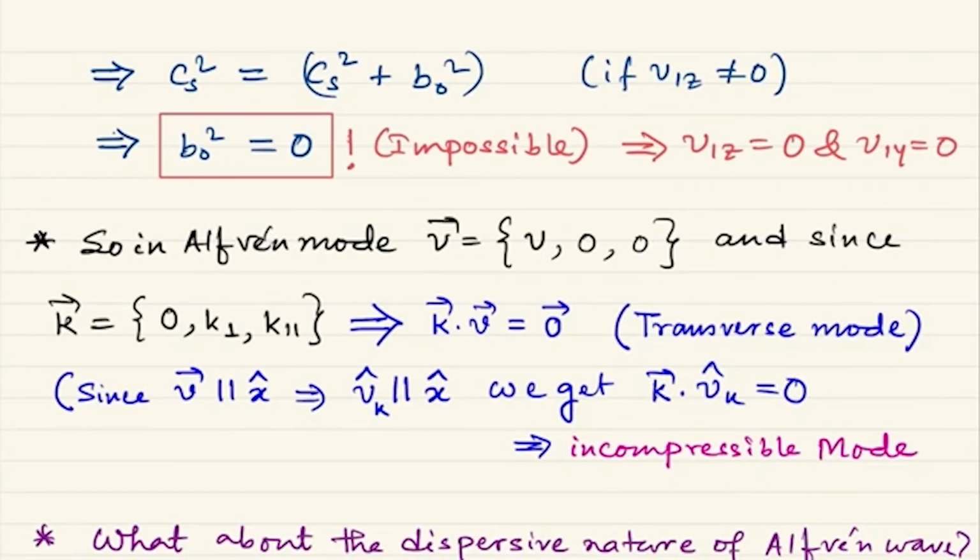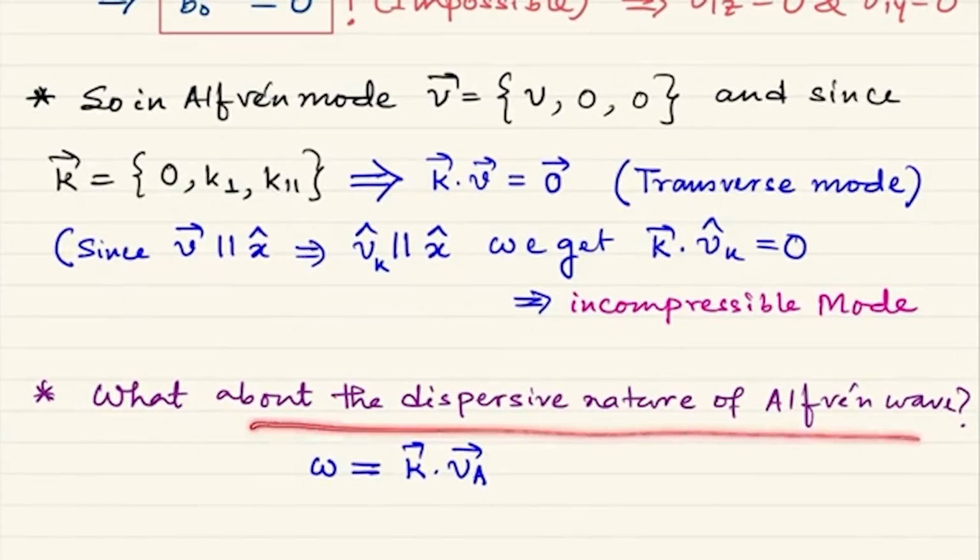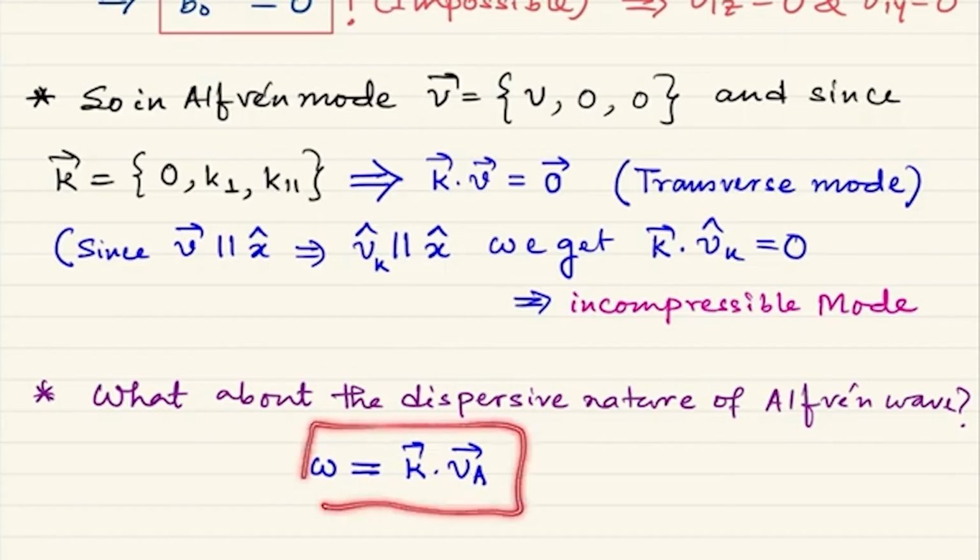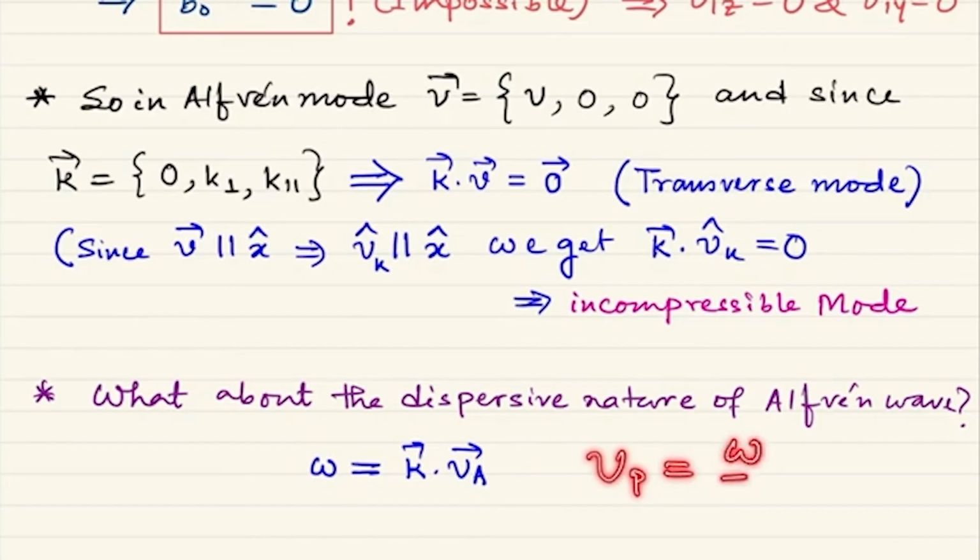Now my question is, what about the dispersive nature of the Alfvén wave? The dispersion relation is this one, and here the question is how to define the phase velocity. The phase velocity is given by omega divided by the wave vector parallel to the direction of propagation, which is the proper definition of phase velocity, and that is simply given here by VA.